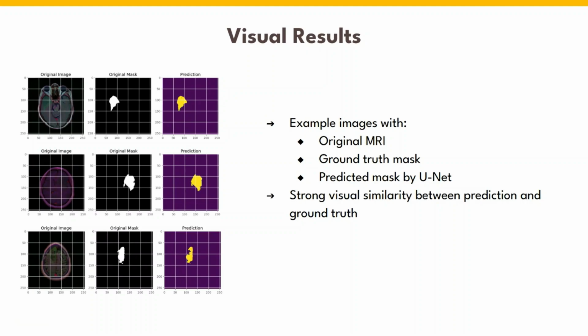As you can see, the predicted mask closely matched the actual tumor shapes, including irregular boundaries. Even in complex cases, our model did a good job of finding the tumor region. This visual confirmation supports our evaluation metrics.